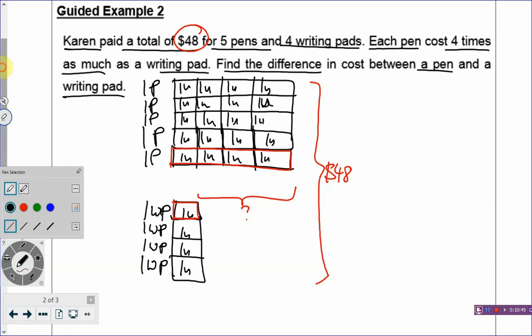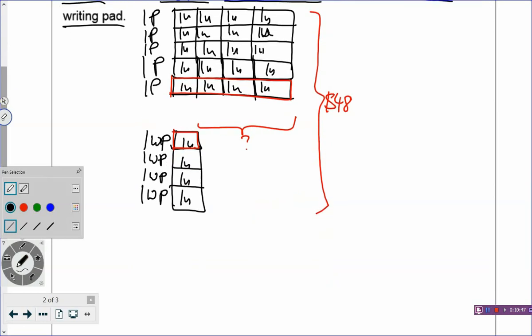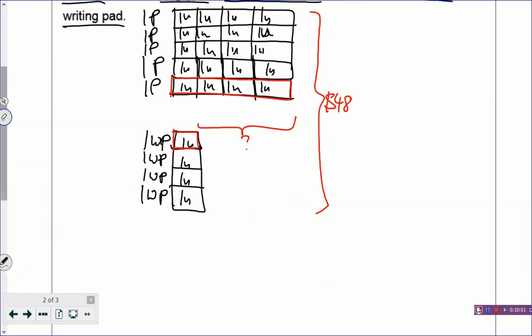So let's look at the model and how do we find the question mark. Can you count all the units together? Because the total cost is $48, how many units are there altogether? So there are 5 pens, so you will have 20 units. All the pens cost 20 units, and all the writing pads cost 4 units.